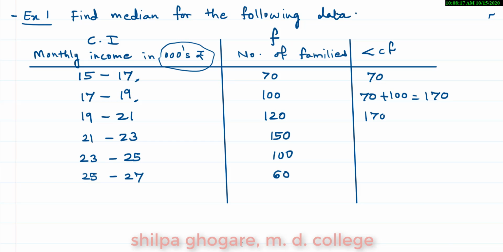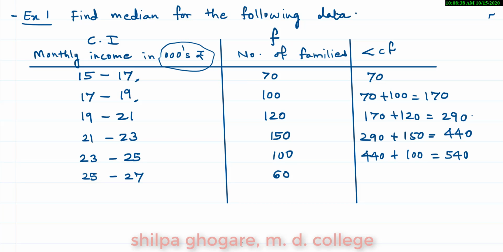So 170 plus 120 is 290, 290 plus 150 is 440, 440 plus 100 is 540, and 540 plus 60 gives you 600, and this 600 is nothing else but N.